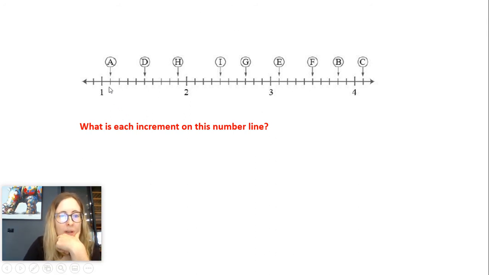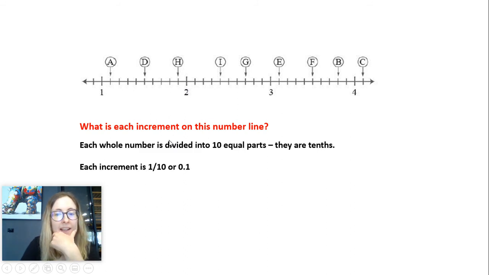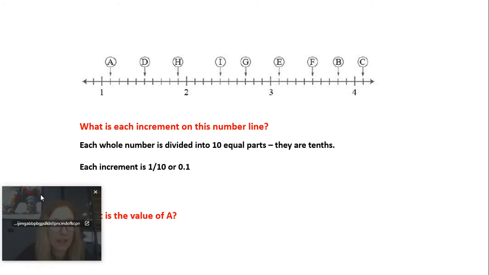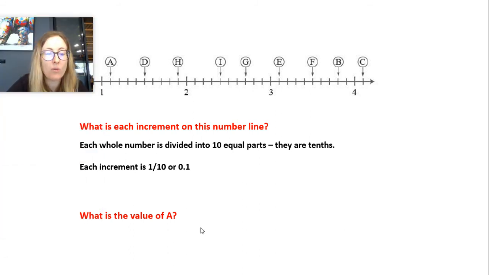But what's each increment? Well, it's divided into 1, 2, 3, 4, 5, 6, 7, 8, 9, 10 equal pieces. So that means that they are tenths. So each of these is 1/10 or 0.1. Very similar to what we were just doing. Okay, and the next question is, what is the value of A?